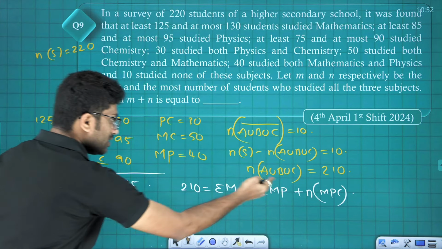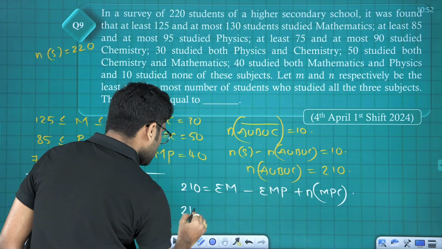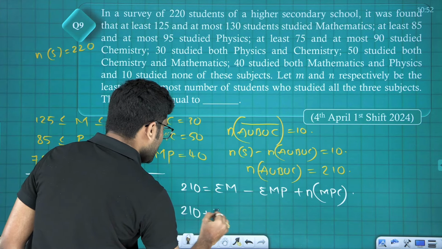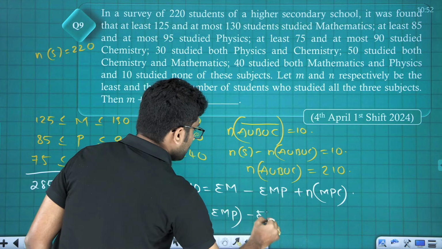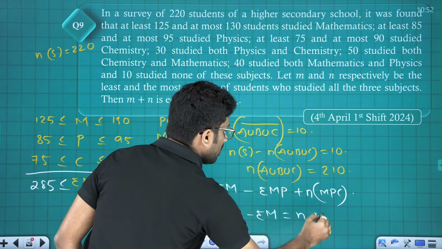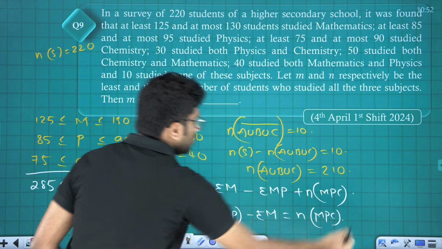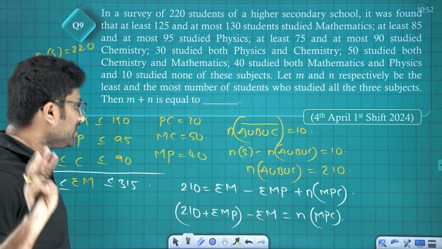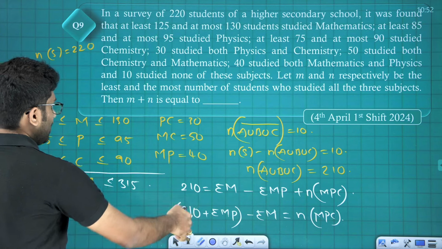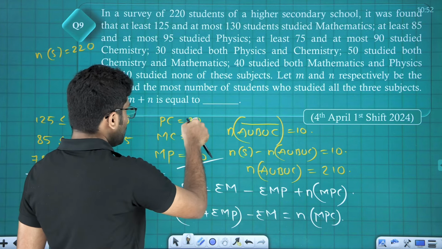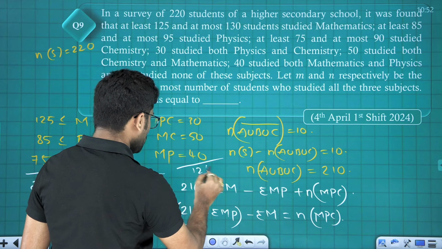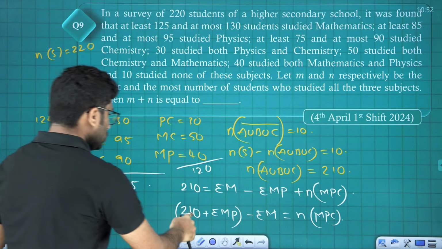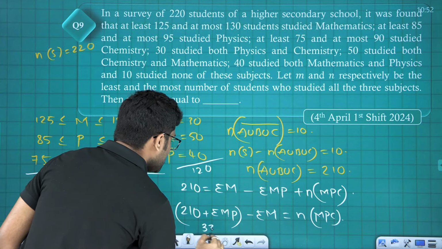So 210, that is what we need, no? So 210 plus sigma MP minus sigma m is equal to the number of students who have studied all three. 210 plus sigma MP, first we'll add these three. 30 plus 50, 80 plus 40, 120. Okay, so 210 plus 120 is 330, friends.